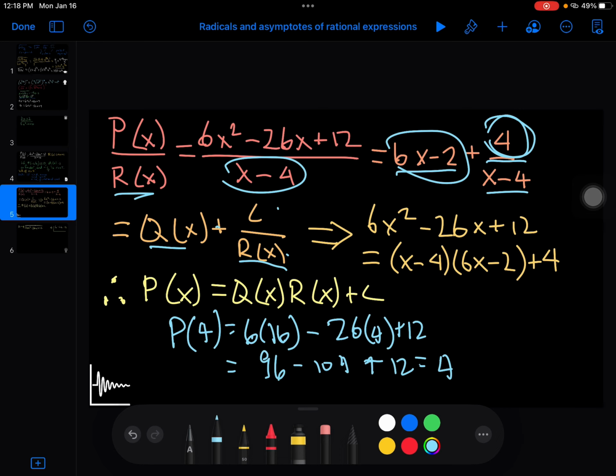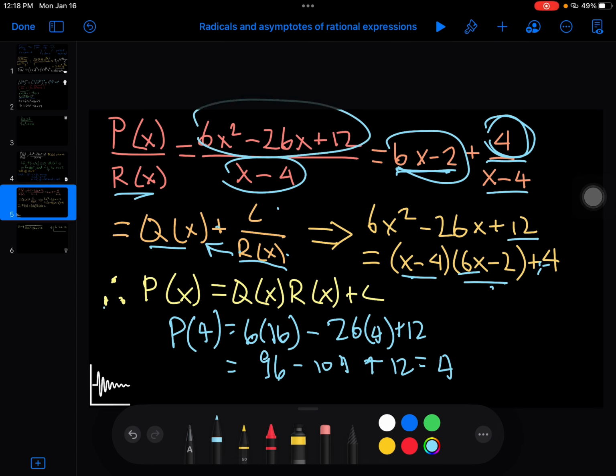And we could split that up into parts and we could multiply then this r of x by q of x. Q of x is 6x minus 2 here. R of x is x minus 4 there. These two FOILed out equals 6x squared minus 26x plus 8, and then we add to that 4, we get our initial numerator there.